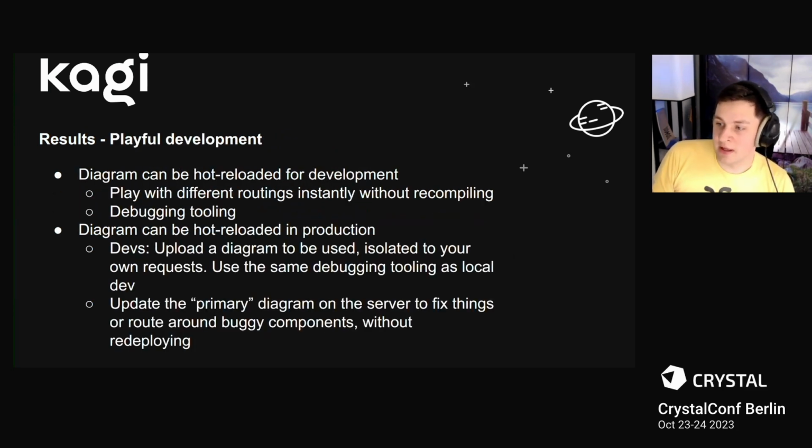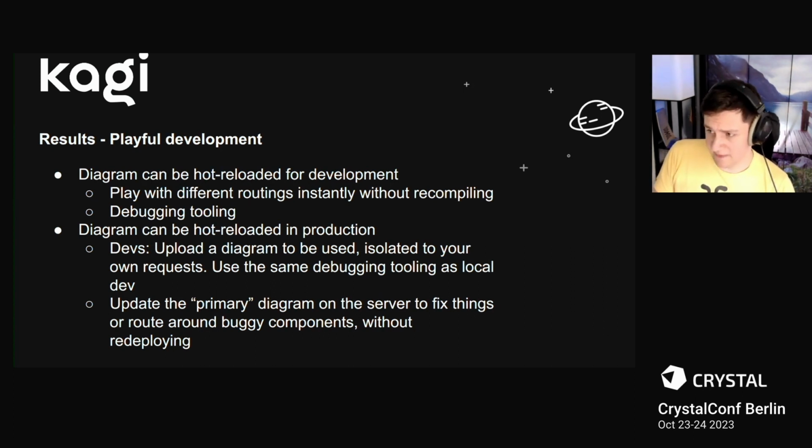Finally, I would say it results in a more playful development of our backend, where the diagram can be hot reloaded instantly without recompiling anything, and we can create a bunch of debugging tooling on top of this, such as recording backend messages, sending them to your browser console. The network can also be hot reloaded in production.